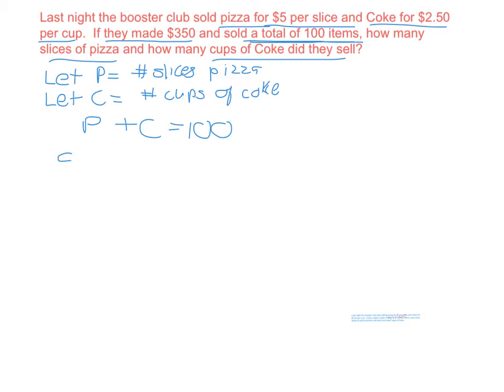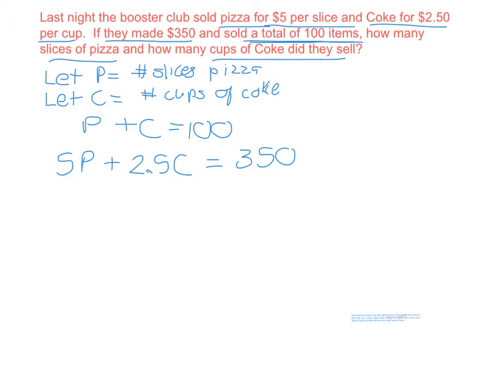So because pizza sells for $5, I'm going to multiply 5 times each slice of pizza sold. And then I'm going to multiply 2.5 times each cup of Coke sold, since Coke is $2.50 per cup. And altogether, they made $350. That gives me my second equation.